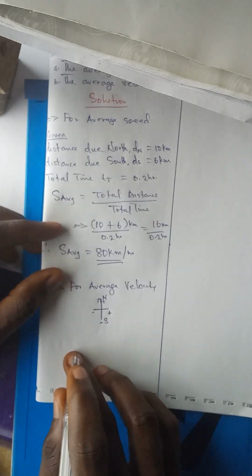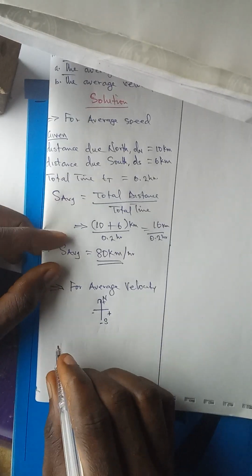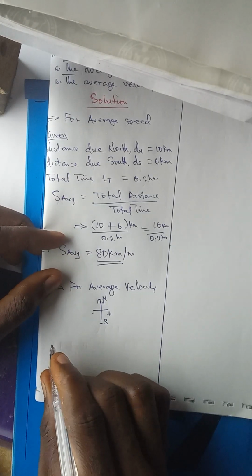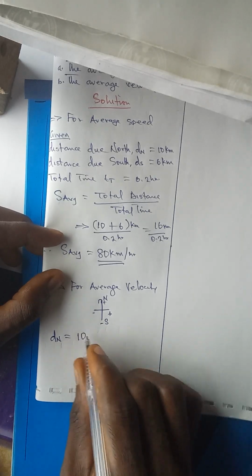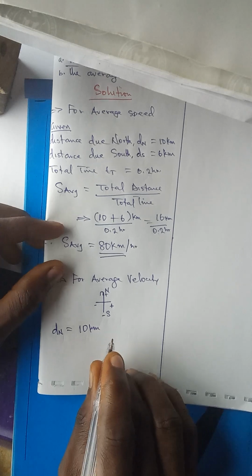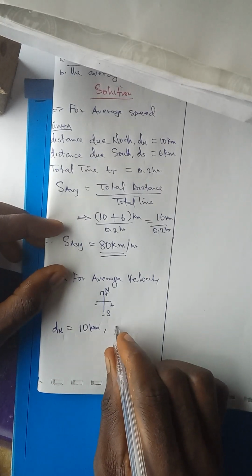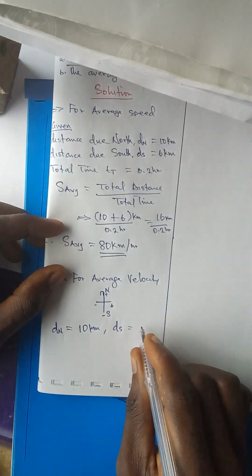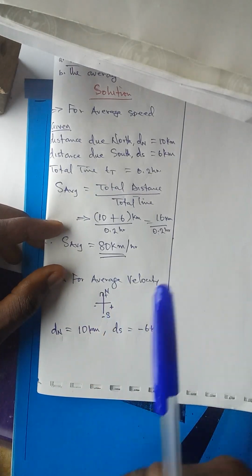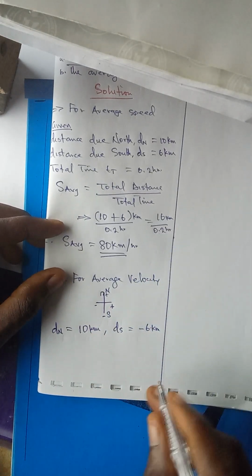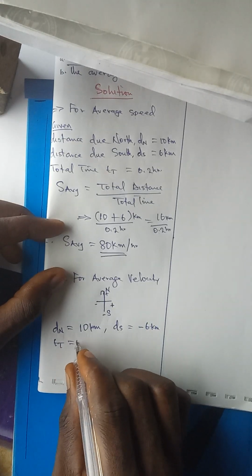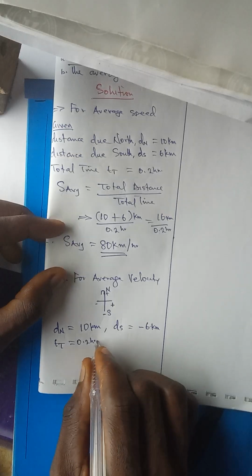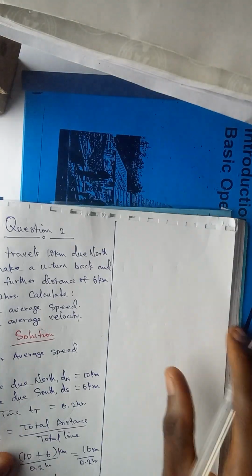So using this idea, the distance due north, dn, will be equal to 10 kilometers, and ds will be equal to minus 6 kilometers, because it's coming down, so it's now negative. And my total time still remains 0.2 hours. Let's go further.